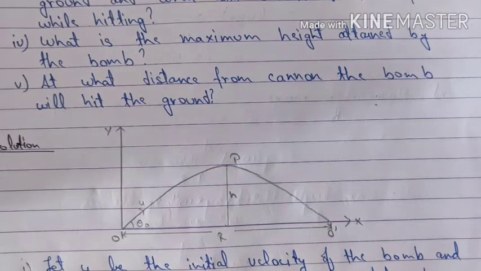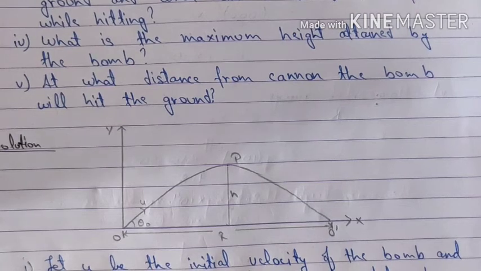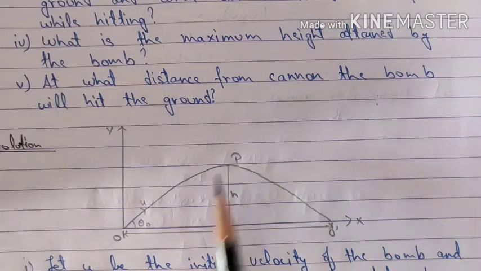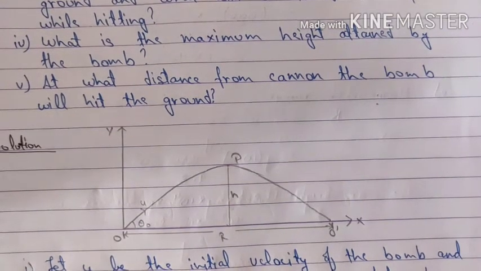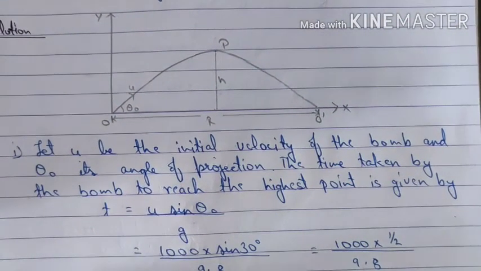The first question was, what is the time taken by the bomb to reach the highest point? That is, what will be the time taken by the bomb to cover the distance, or you can say to move from here to here. So how do we calculate it? We have already calculated it while we were deriving this particular thing.